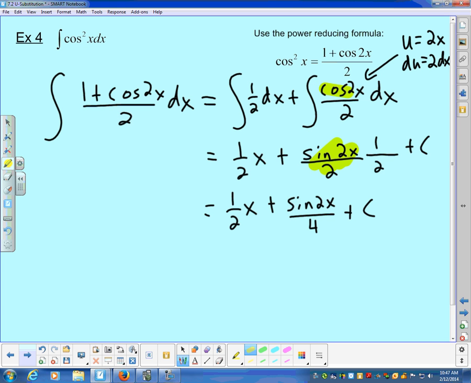You don't have to plug anything in. You're done. So this is a whole family of functions that has this as its derivative. If you were to do a slope field of this, you'd have a whole bunch of short little line segments, and this would overlay on it, depending on what c is.